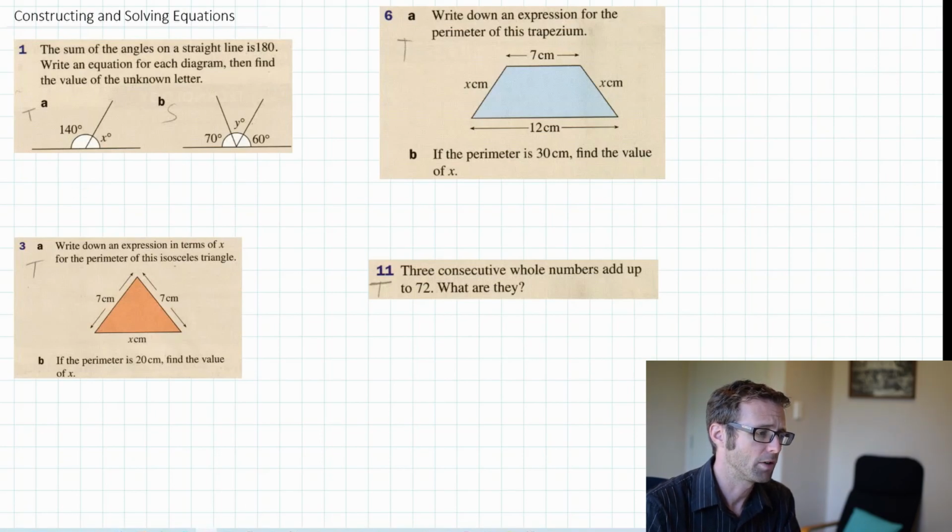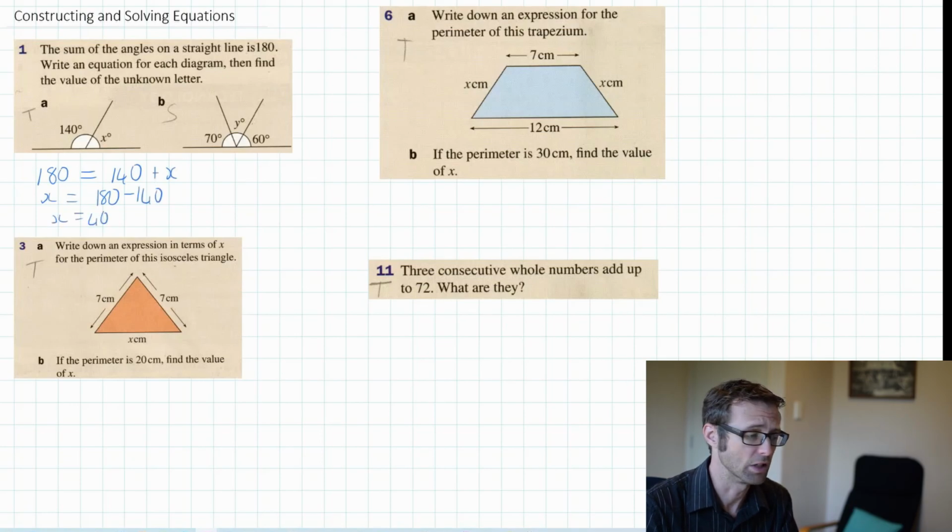I know that the angles on a straight line is 180, so 180 is equal to the sum of those two angles, 140 plus x, and therefore x is going to be equal to 180 minus 140, so x is therefore equal to 40 degrees.